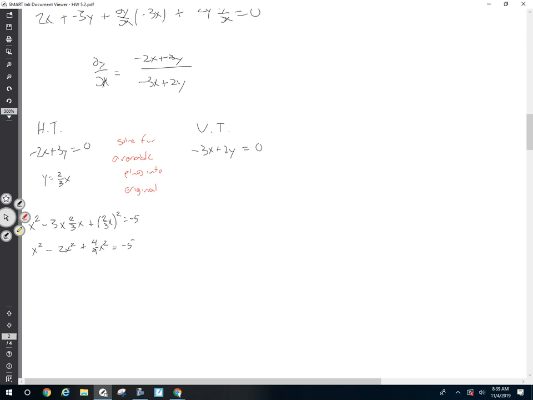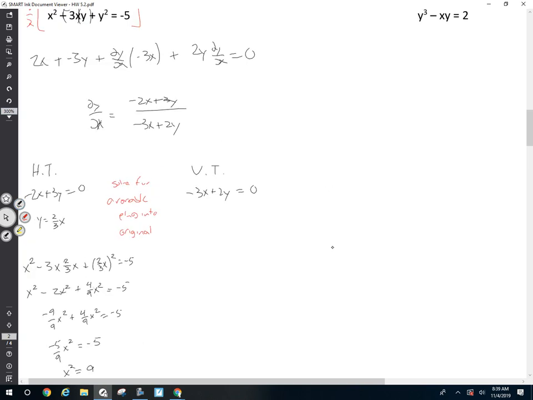All right, let's see how that works out. Negative x squared is negative 9 over 9 x squared. So that's negative 5/9 x squared. Oh, this works out phenomenally. I'll get x squared is equal to, multiply by 9, divide by negative 5, I get 9. X is equal to plus or minus 3.